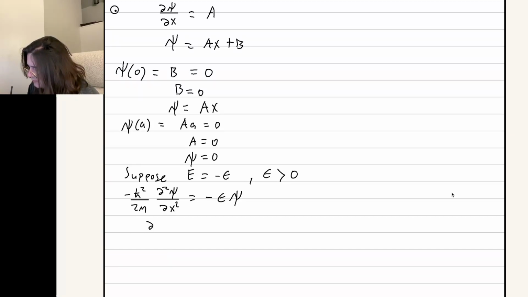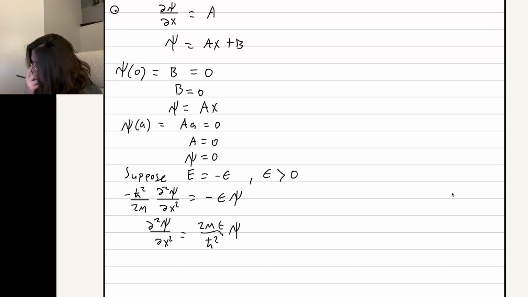And we'll let the minus signs cancel each other out, and I'll also move this stuff to the other side. So I'll have del squared psi over del x squared equals 2m epsilon over h bar squared times psi.